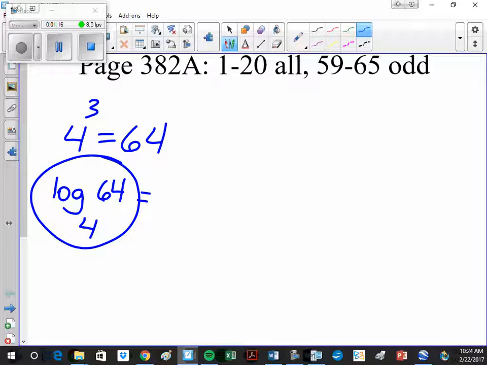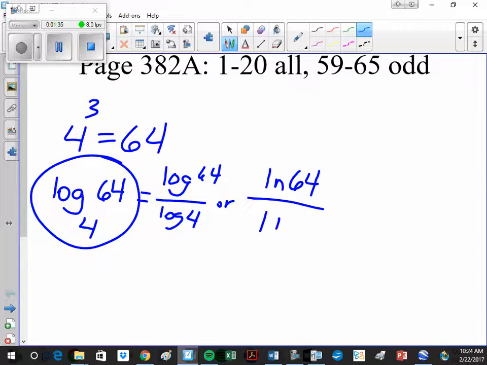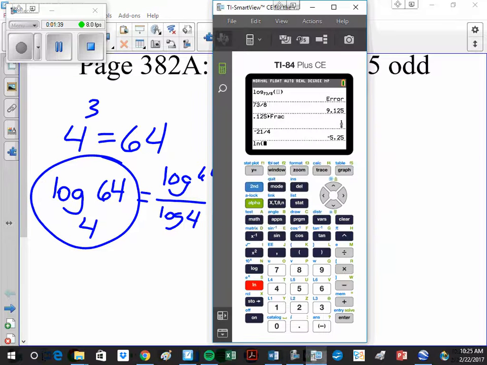We have a log button and we have an ln button. How do you change this into either log base 10 or log base e? Either log 64 over log 4 or ln 64 over the ln of 4. So ln 64 divided by the ln of 4 is 3. Okay?